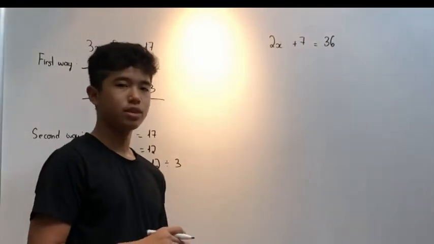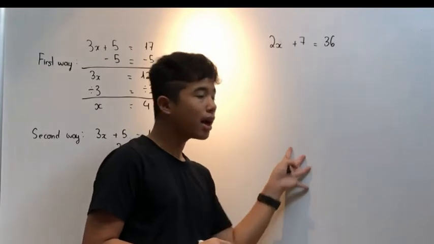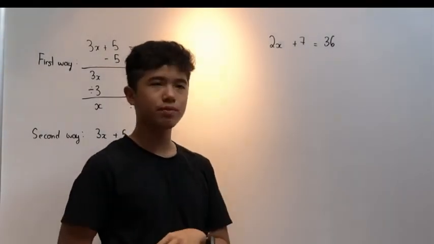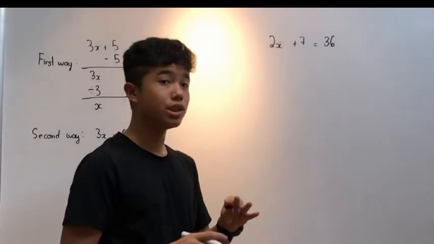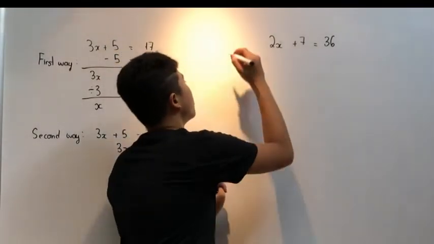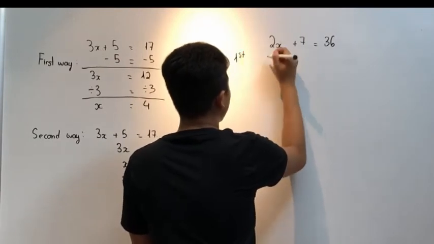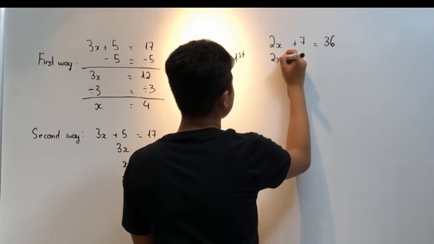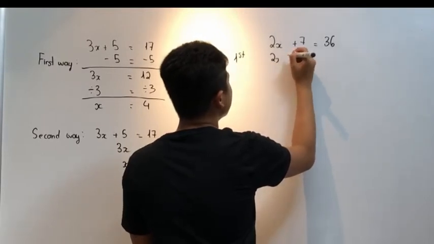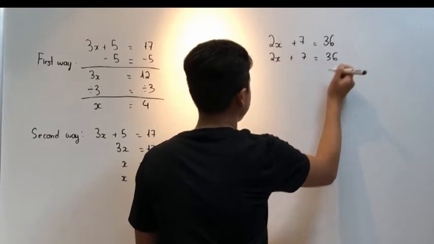The next one. This is another example. Try to do it yourself. Try to pause the video and write on a sheet of paper and then try to solve it in two ways. So the first way, we will have 2x plus 7 equal to 36.